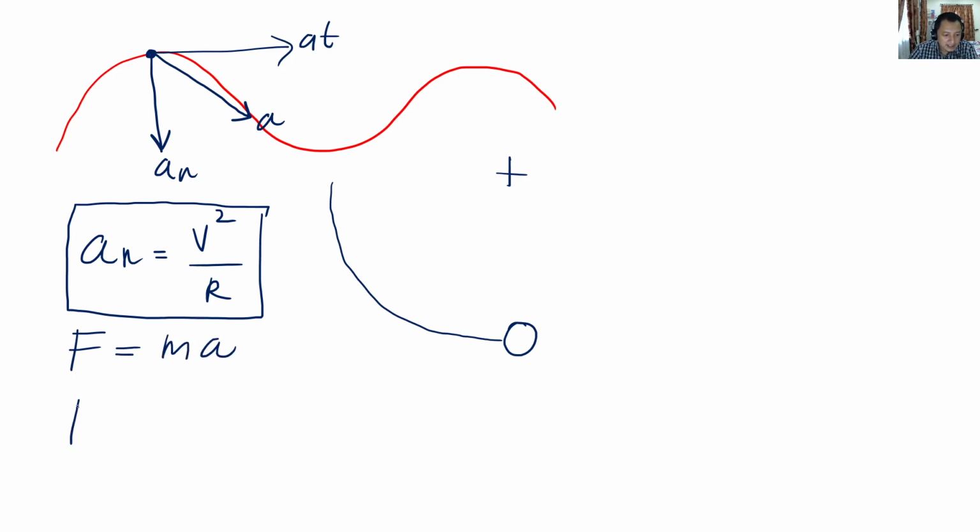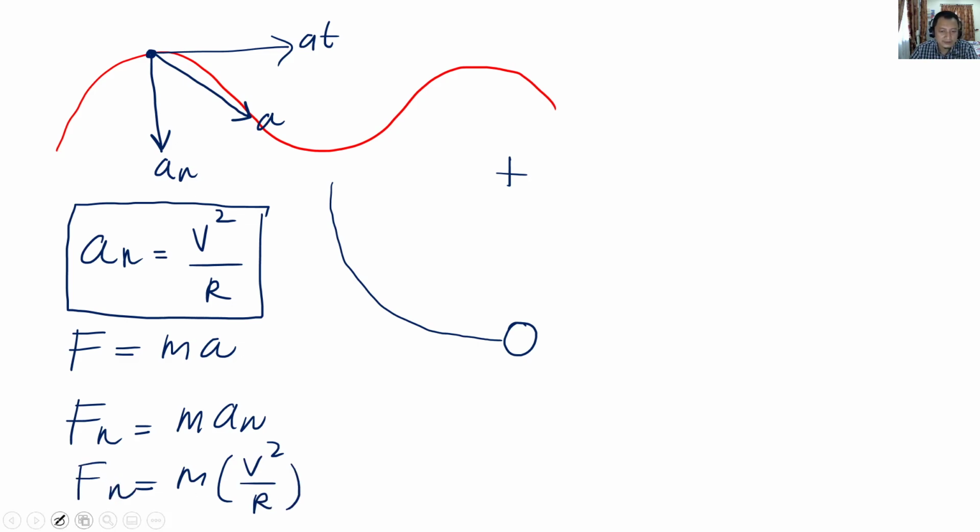Now F normal is equal to m a normal, so you plug it in: m v squared over r. This is tension. This is mg. Since it's rotating this way, this is your a normal positive.